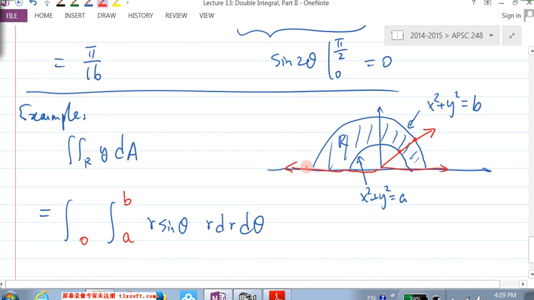And the second one is this location, and that angle goes from here to here, counterclockwise, which will be pi. Sorry? A to B, right? Oh, B squared, sorry. Good point.